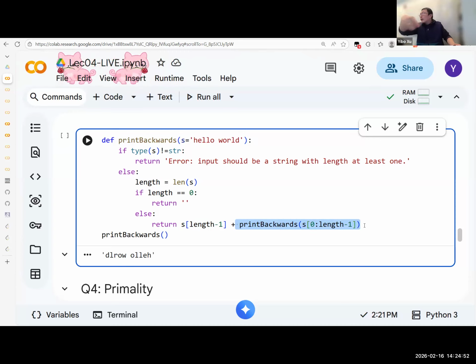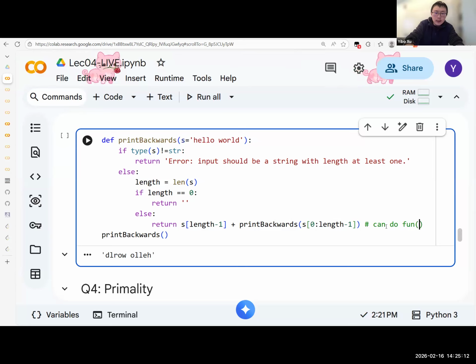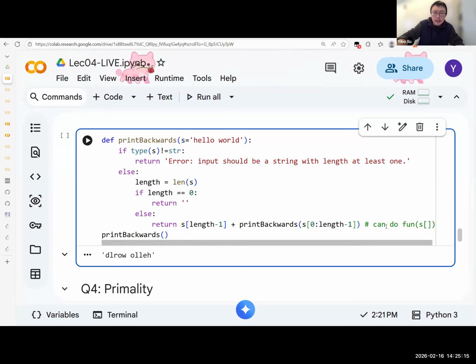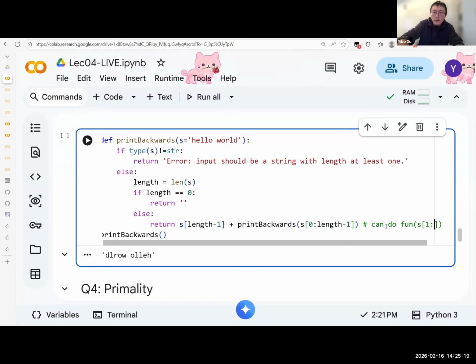Okay, in the lecture notes that's already uploaded on the GitHub page and in the Brightspace files, you can do s of 0 at the end. You can do a function of s taking everything from 1 all the way down.